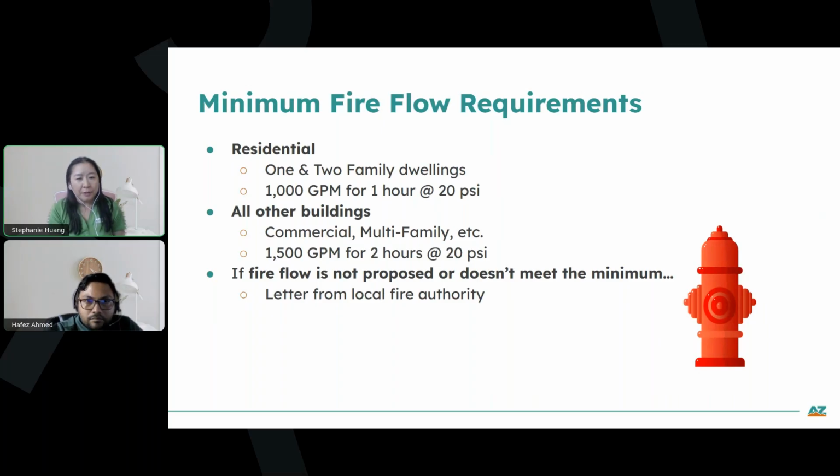If the fire flow that you get does not meet the minimum or is not proposed, you'll need to get a letter from the local fire authority to submit with your ATC application or the design report in the appendix.